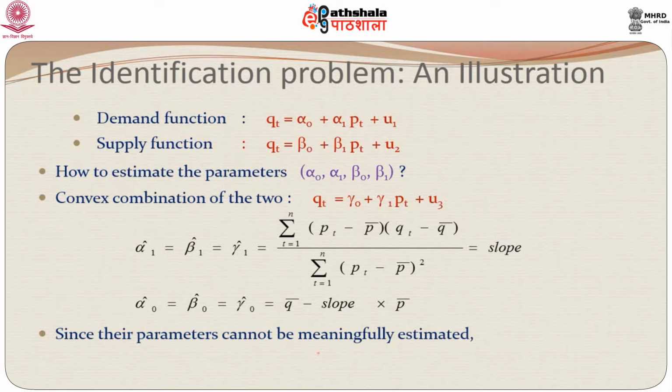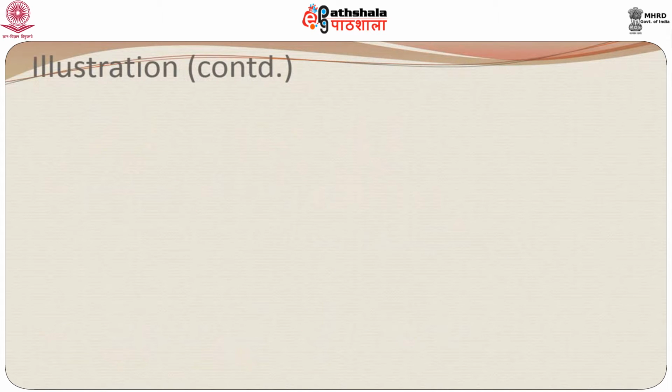But there are exceptions when the reverse happens, and hence we are not very sure as to what the slope and the intercept stand for, and we cannot say that these two equations can be meaningfully estimated. So, we have a problem of identification of both of these equations. Now, let us look at another case.